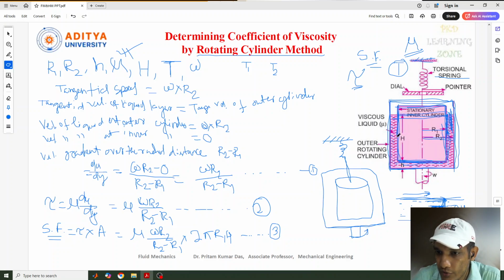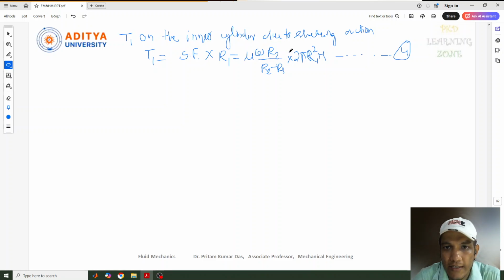You see the torque which is applied on the inner cylinder, so that is actually different. So this equation we have already identified. Torque on the inner cylinder due to the shearing action already we have identified.